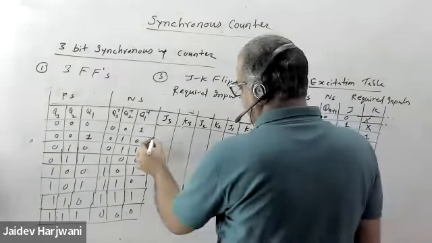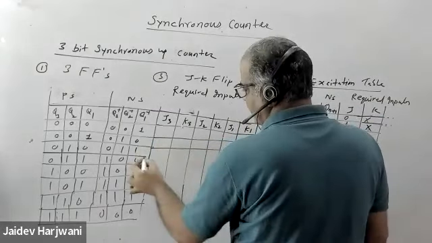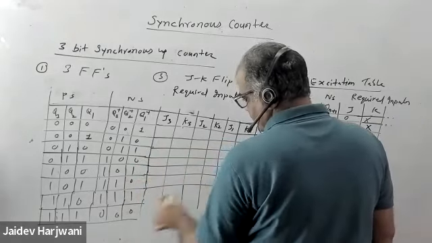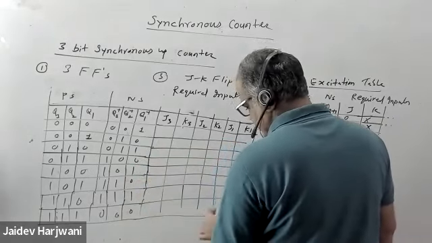So each state, these are the required inputs: 3 flip-flops, 6 inputs, 2 inputs to each flip-flop.